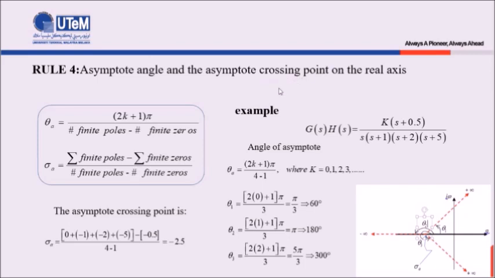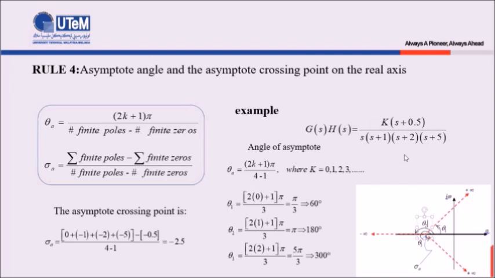For example, if we have this system with G(s)H(s) equal to K times (s plus 0.5), divided by s times (s plus 1) times (s plus 2) times (s plus 5).